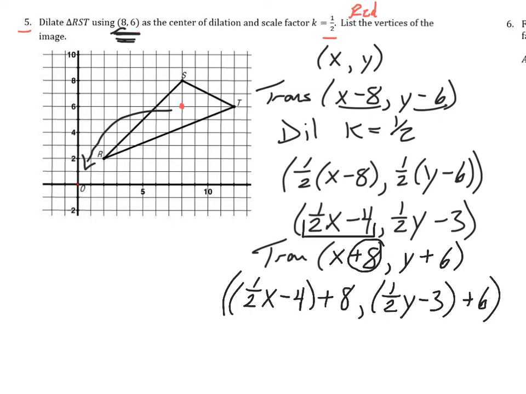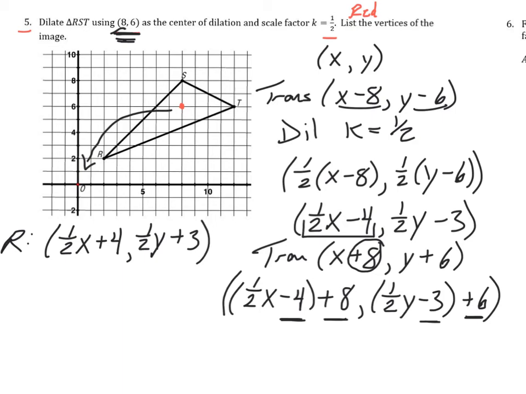Finally, I'm just going to get rid of my parentheses and combine these like terms. So it looks like my final rule in this case, I'm just going to label it as R, is going to be 1/2 x plus 4 and 1/2 y plus 3.